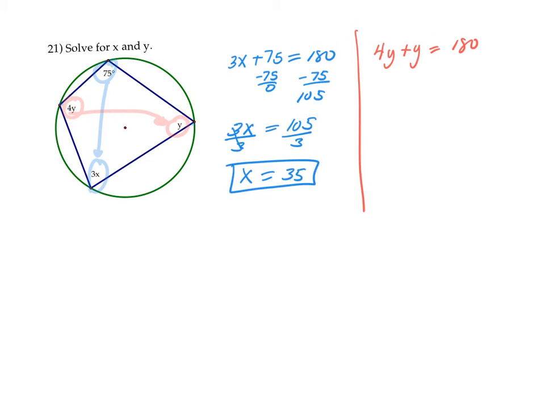Okay, in the second equation, we have 4y plus y equals 180. So 4y plus y is 5y. And then take and divide both sides by 5. And this one gives us y is equal to 36. All right, that's it. Opposite angles of a quadrilateral inscribed inside of a circle are supplementary.